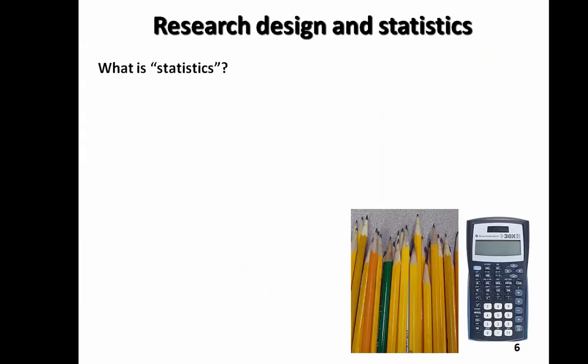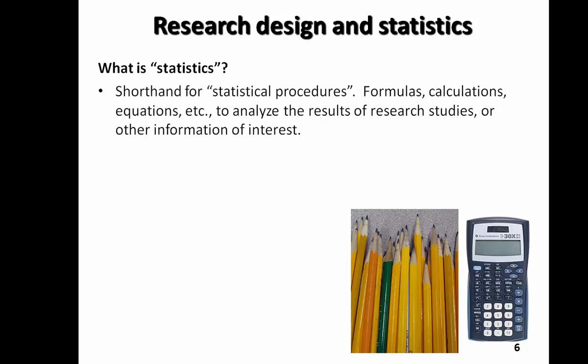In terms of the link between research design and statistics, it begins with understanding that statistics really refers to statistical procedures. When I talk about statistical procedures, we're referring to equations, formulas, and calculations that are used to analyze the results of research studies or other information of interest.